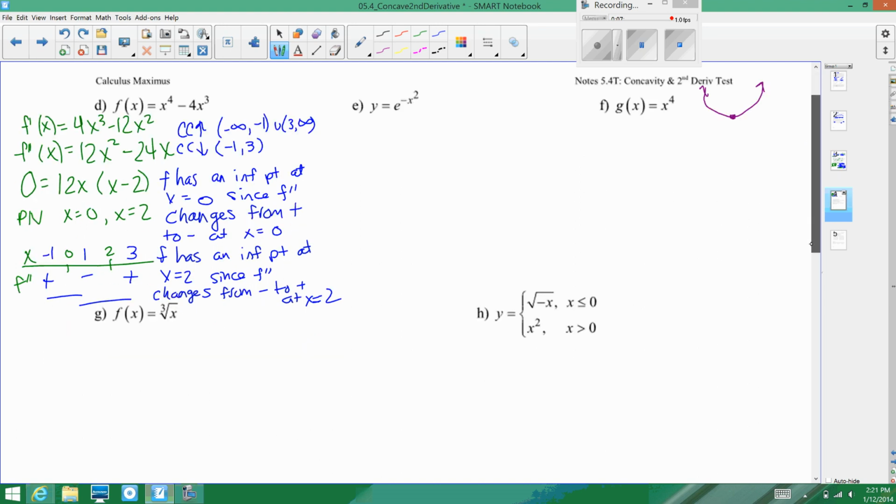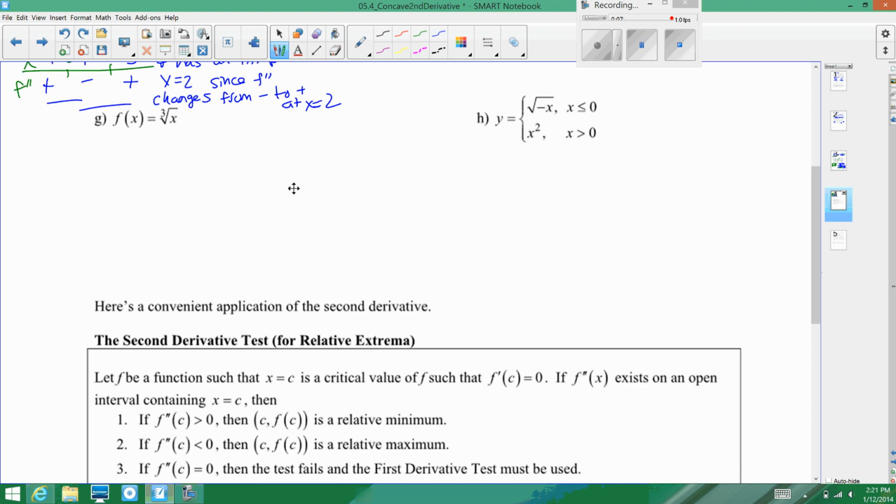Alright, but the last two are pretty neat because it helps if you know what the graph looks like. So we know, or you should know, x to the 1/3 power, the cube root of x, looks like this.